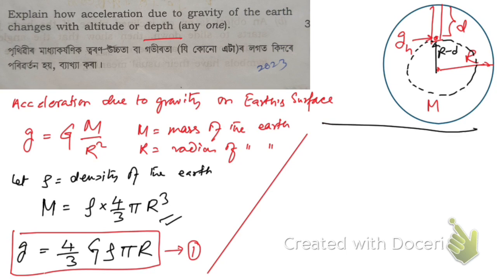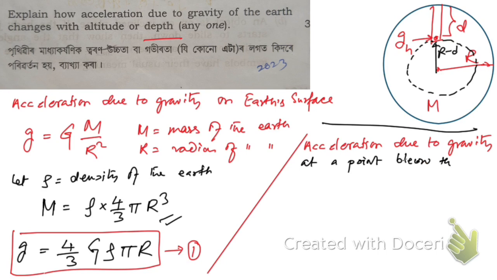So now acceleration due to gravity at a point below the Earth's surface at depth d is gd.